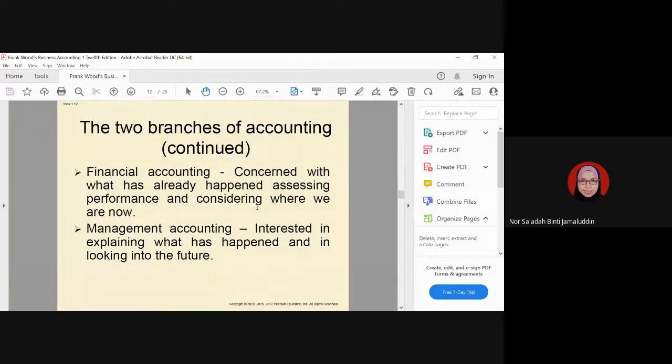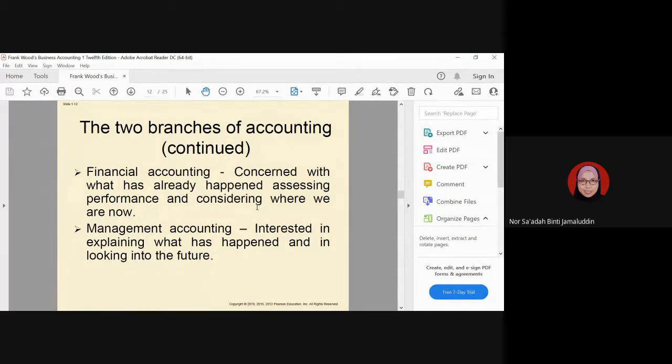Okay, the interrelation between financial accounting and management accounting is that after the accountant prepares the financial statement, the users of the accounting information can assess performance and consider the company's situation now.